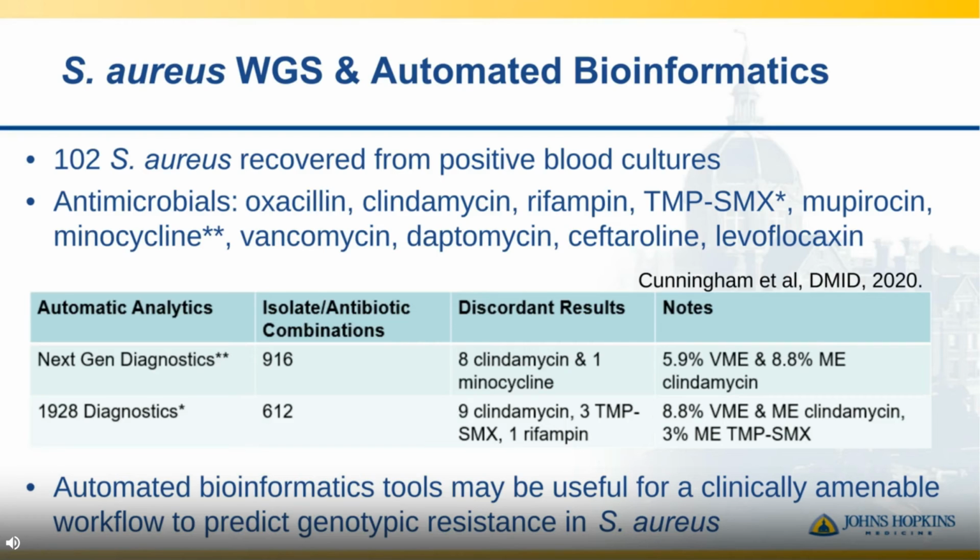That being said, this study really showed that these automated bioinformatic tools may be useful for a clinically amenable workflow to predict the genotype, both phenotypic susceptibility and resistance in Staph aureus.